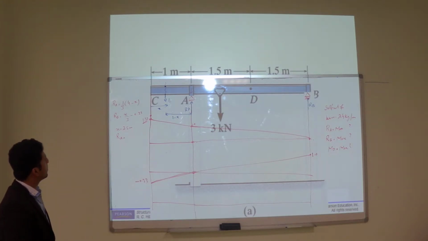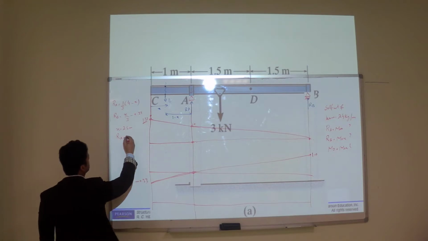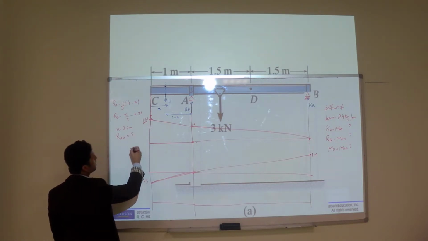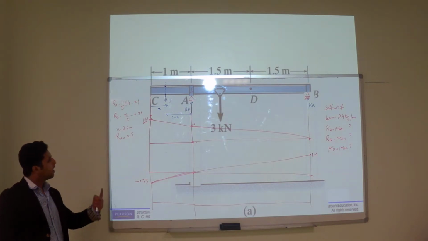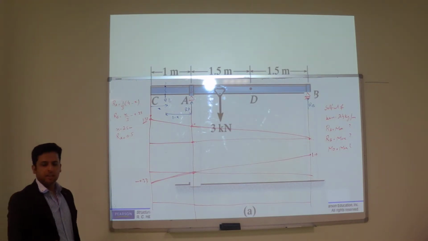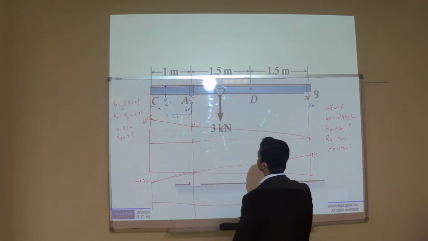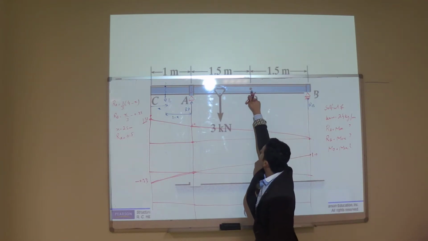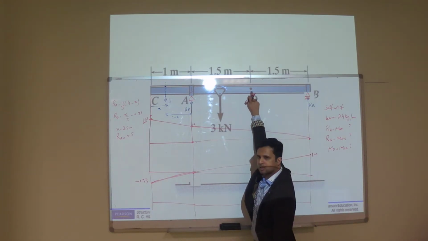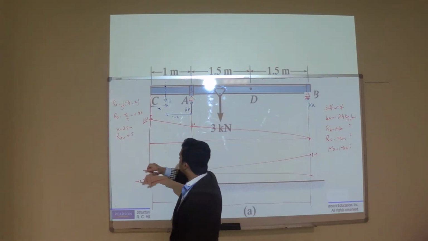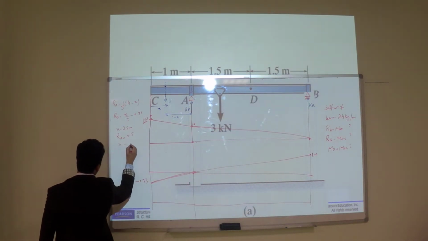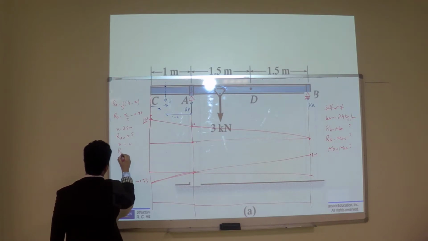One third into 0.5. 0.5. Is it correct? Okay, it makes sense. It means when the load is here, it is half. And when the x is 0, how much is RA? 4 over 3. 1.33.